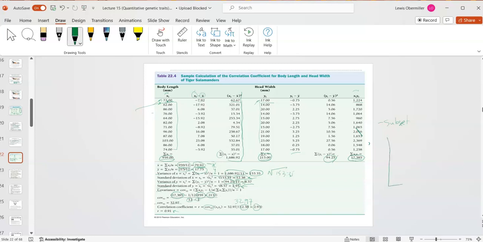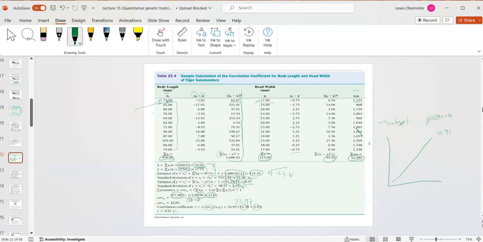So that would be a positive line with a slope value, y equals mx plus b, standard slope value. This slope would be 0.91. So we would expect almost a 1-to-1 ratio.